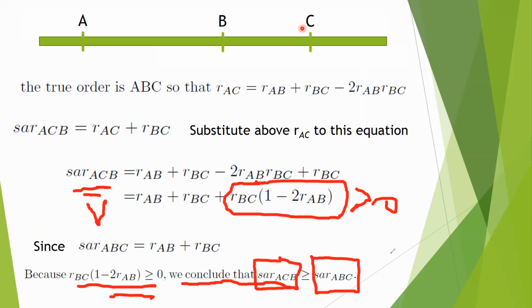So how do you find the right order to arrange all these 100 loci? The same thing. We just use the same criteria. We repeatedly use this criteria to order all the loci on the same chromosome. Any questions here?